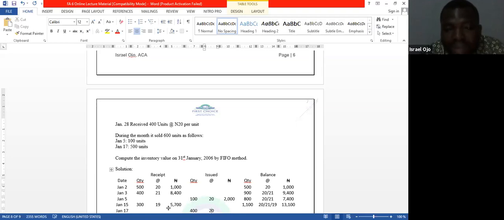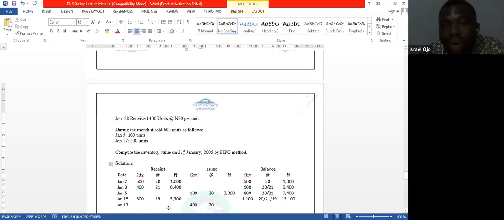But the total sales that we make is not 400. We make a total sales of 500 units, which means that we need to balance the sales by 100.